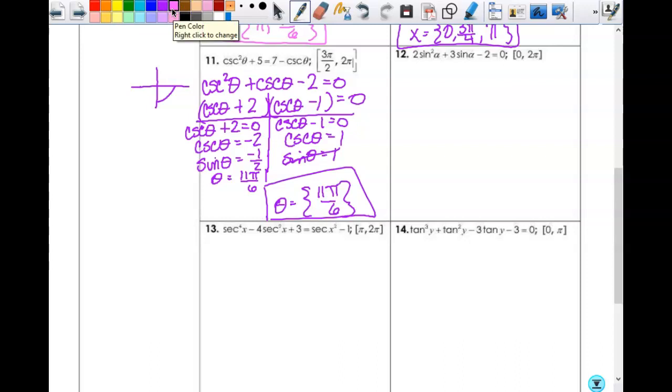Okay, so number 12. 2 sine squared alpha plus 3 sine alpha minus 2 equals 0. It's a quadratic, already set equal to 0, so you just need to factor it. I'm going to give you a minute to factor it.